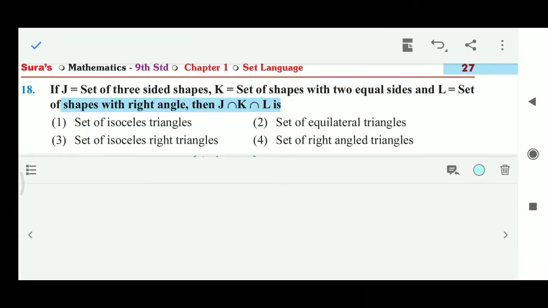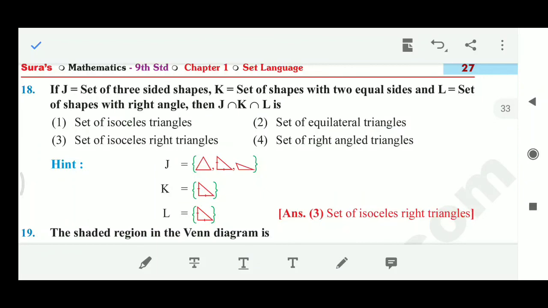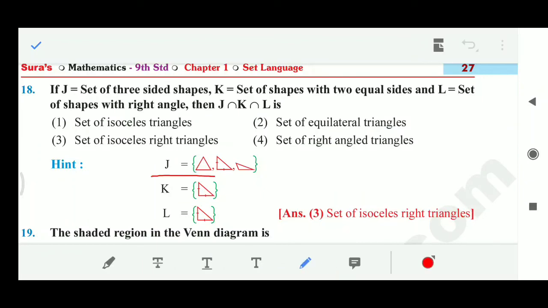For K, two equal sides, so it is an isosceles triangle. For L, it is a right angle triangle. So J intersection K intersection L is the set of isosceles right angled triangles. So option 3 is the correct answer.